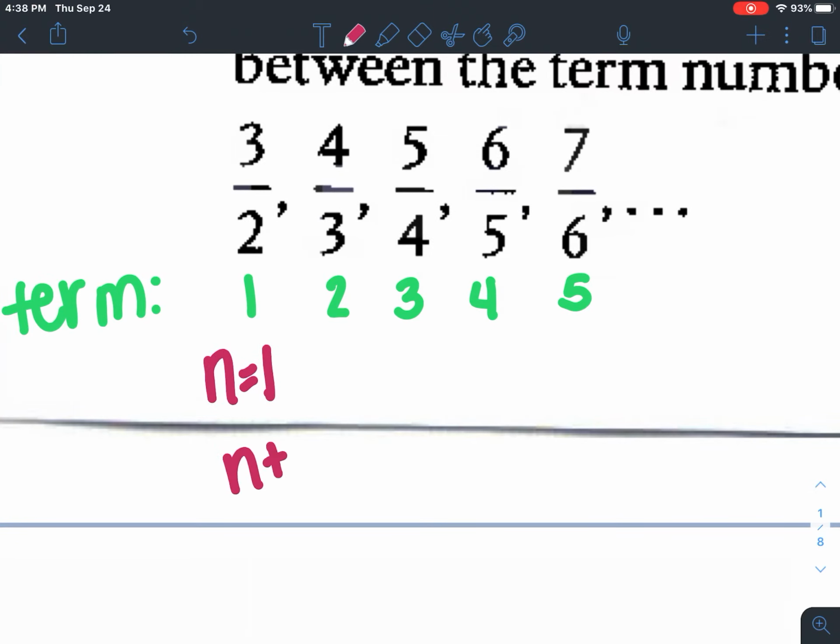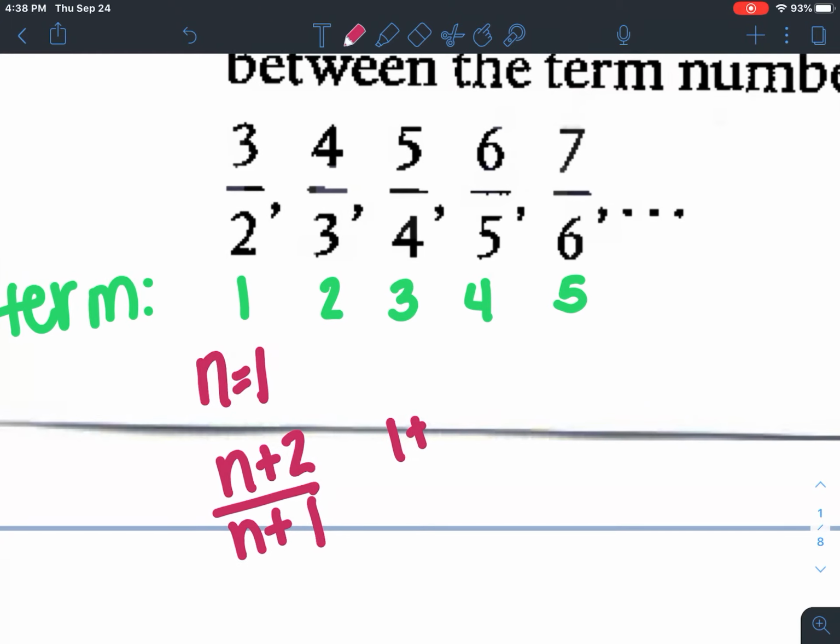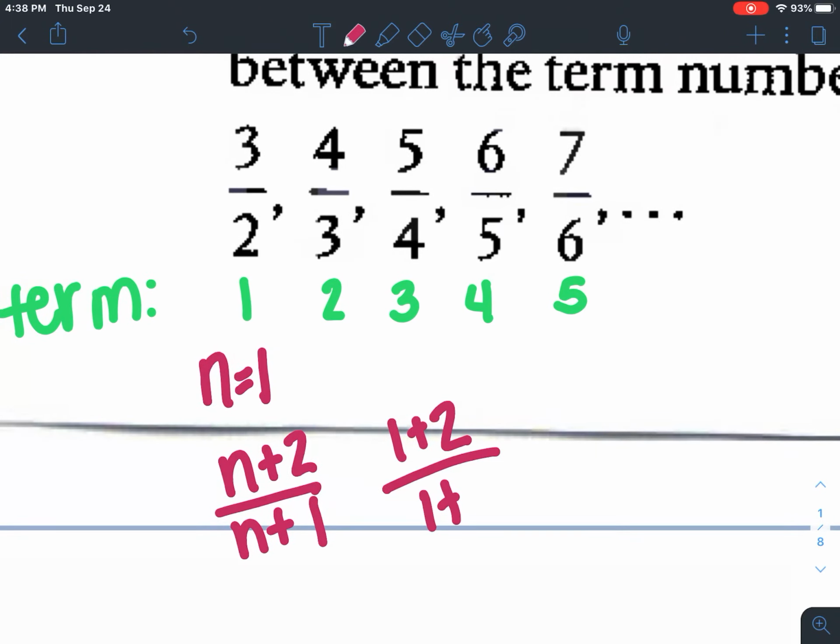So n plus 2 over n plus 1, and n is 1. So 1 plus 2 over 1 plus 1 gives us 3 over 2. Okay, did we follow that?